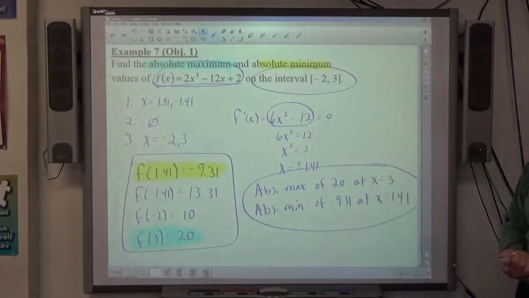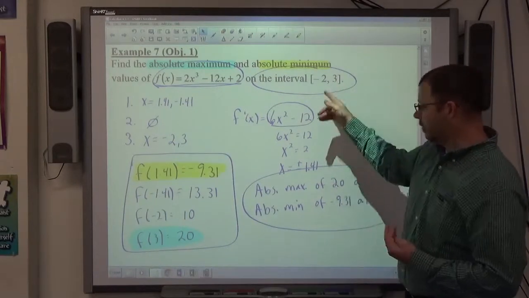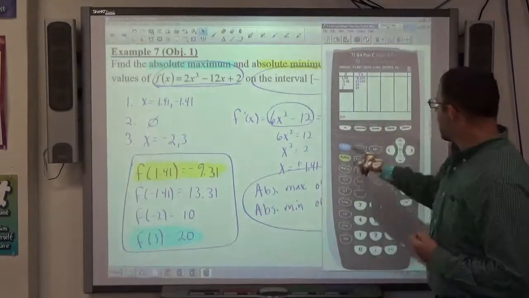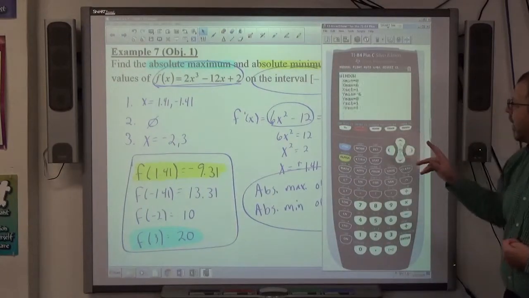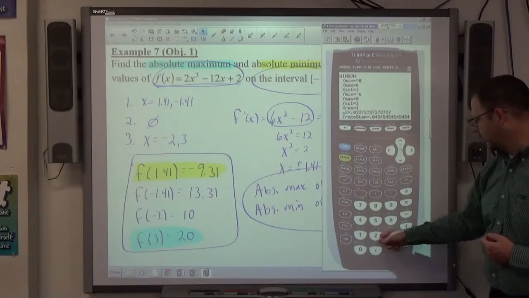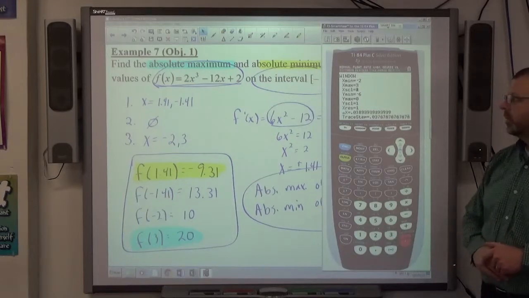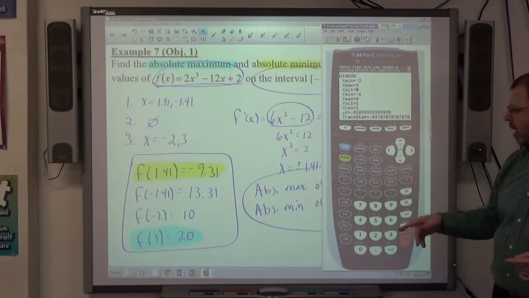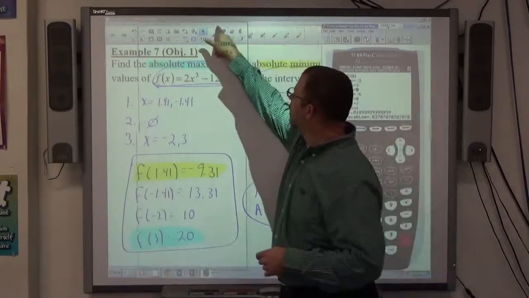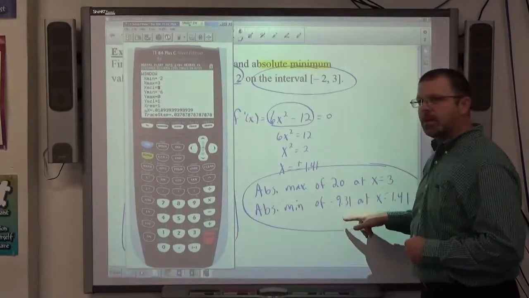Now, the usefulness of having an absolute maximum and minimum is this. If I wanted to graph this on this interval, I'd go to window and set x from −2 to 3. That's my x interval. I've got a maximum value of 20 and a minimum value of −9.31.